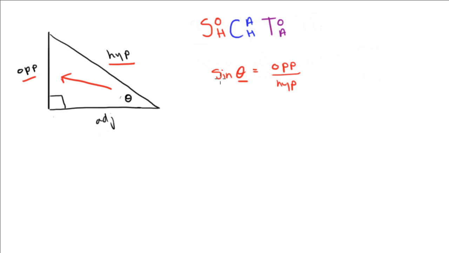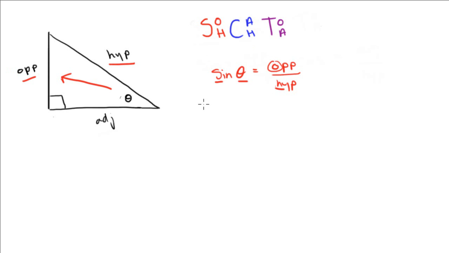And now, as you see, sine equals opposite over hypotenuse, we have written as so. This is how we're going to memorize these ratios. So SOHCAHTOA, the first part stands for sine equals opposite over hypotenuse. Now let's look at the second trigonometric ratio, which is cosine.